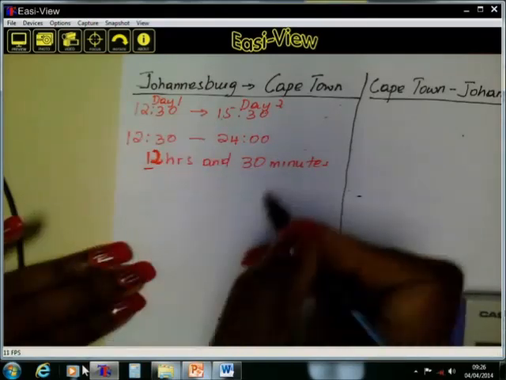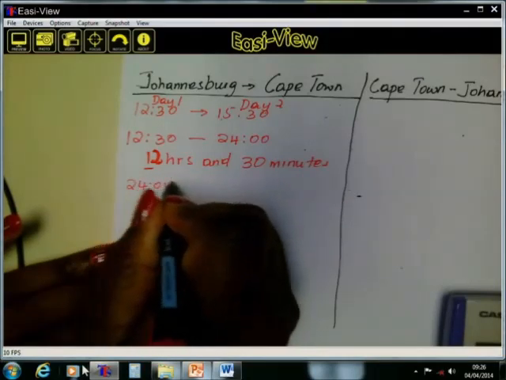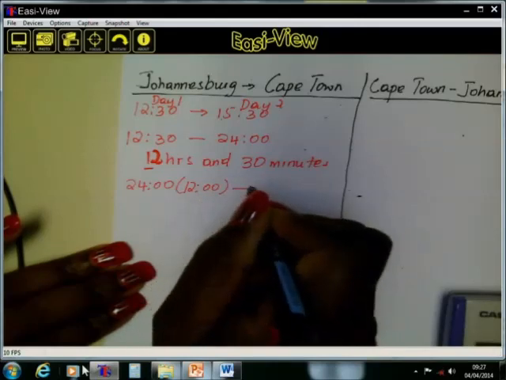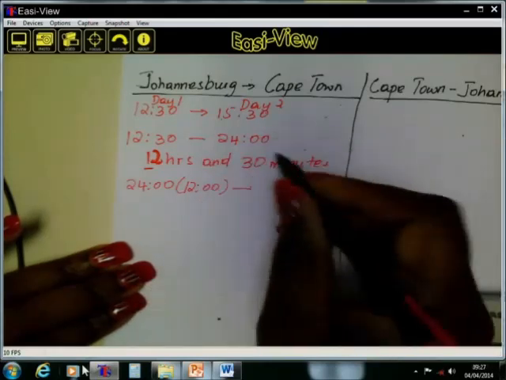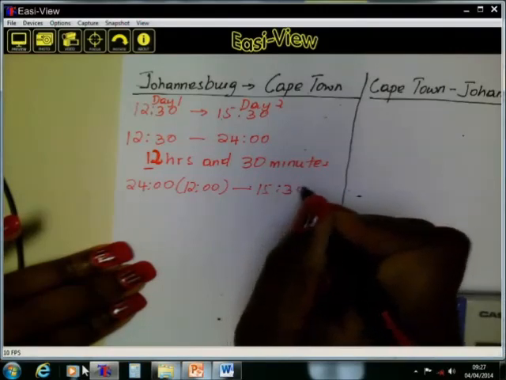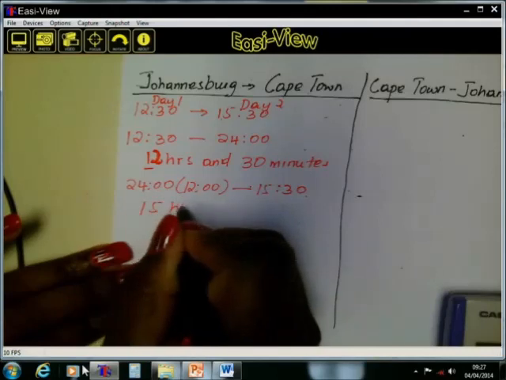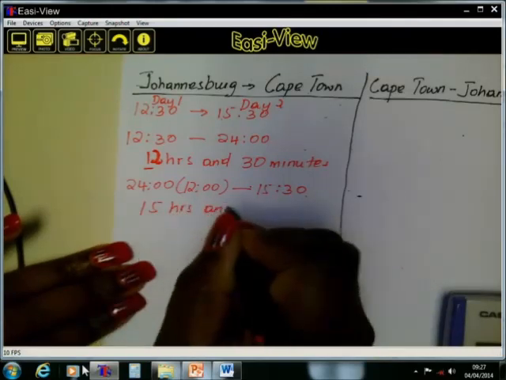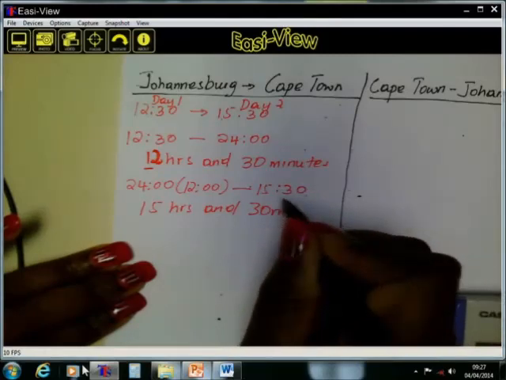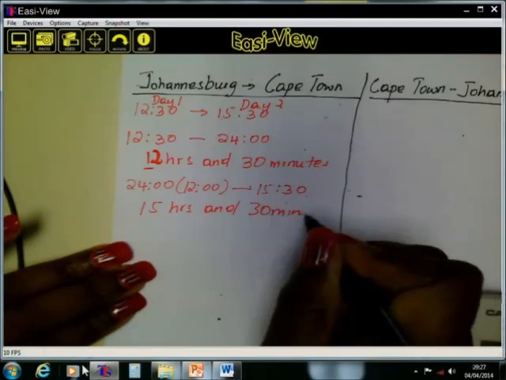Then from 24 hours, which is 12, to, what is it? 15 hours, 30 minutes. It will be 15 hours and 30 minutes. From 12 o'clock to 3:30, it will be 15 hours and 30 minutes.